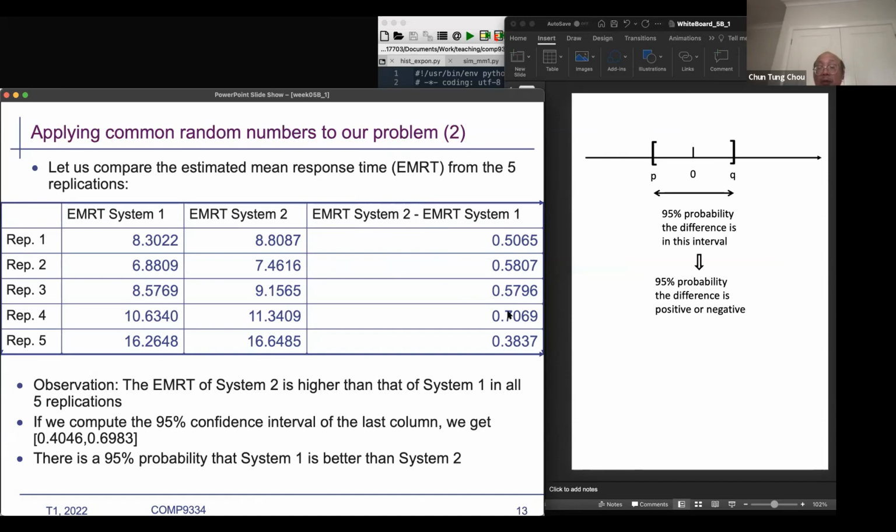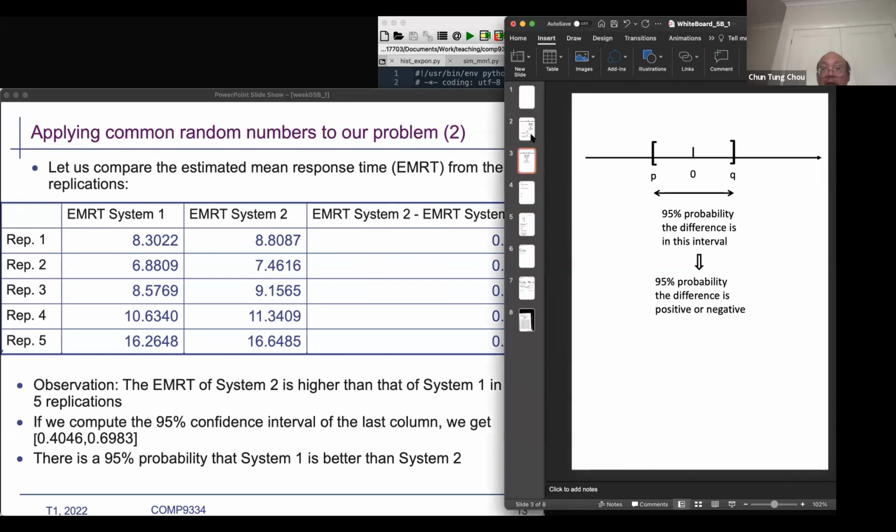So these numbers are actually very encouraging, because if you just look at each replication, the estimated mean response time of the MM2Q is higher. We did the same as before. We take these 5 numbers and compute the 95% confidence interval, and you get this as the result. The 95% confidence interval of the difference is 0.40 to 0.69.